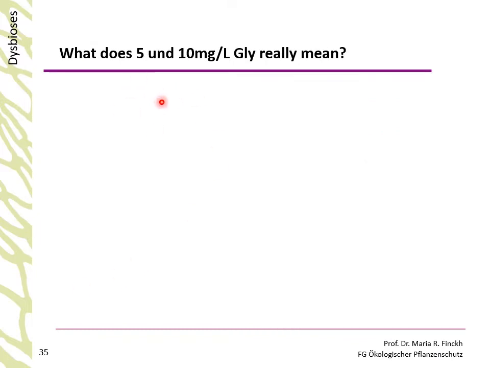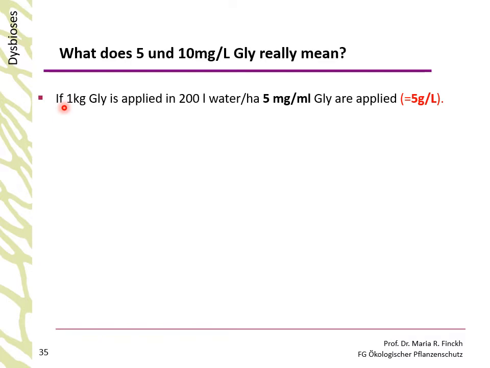Now let's go back to these concentrations, 5 and 10 milligrams per liter of glyphosate, that they were starting out with, and then they went down even an order of magnitude from this in the second and third experiment. But what does it mean? In Germany we apply 1.1 kilo per hectare. So let's take 1 kilo. We apply it in 200 liters of water.